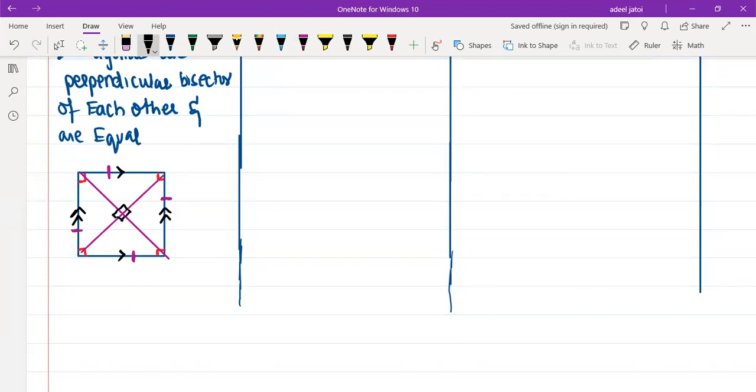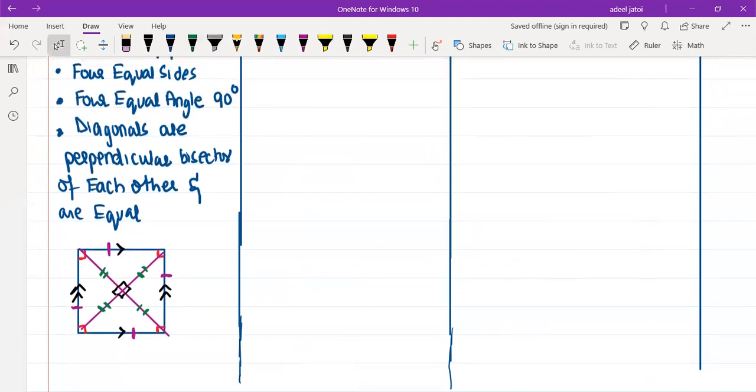So all the angles around the point should total 360 degrees, but each would be 90 degrees. Plus these lines should be equal as well. The point in the middle is the midpoint of the diagonal because it is a perpendicular bisector, and a perpendicular bisector goes through the midpoint.